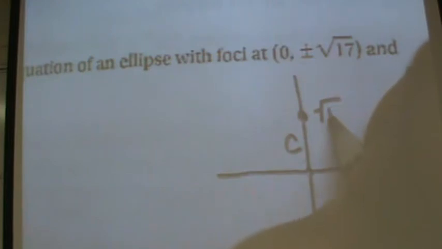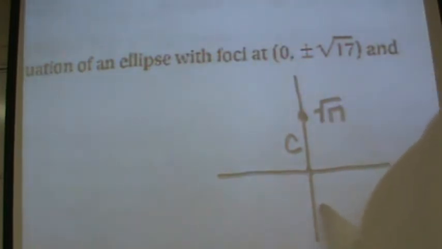Okay, so you try this one. What is the standard form of an ellipse? We have fixed points at 0 plus or minus root 17. So I know from here to here is c. This is 0, root 17, and c is also from here to here. This is negative root 17.